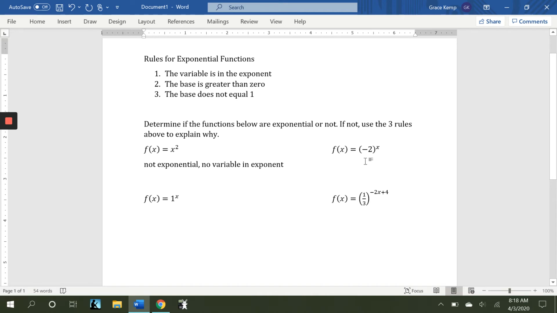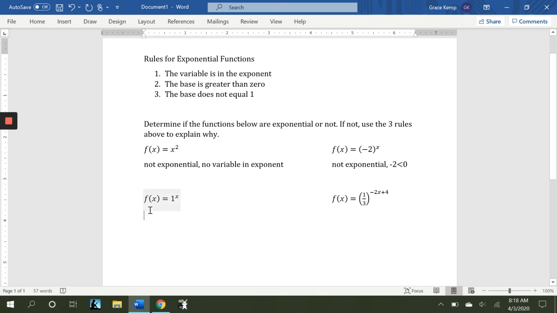We're looking for the number that has an exponent attached to it so we can figure out the base. Negative 2 is the number that has the exponent on it, so negative 2 is the base. And negative 2 is not greater than 0. Negative 2 would be less than 0. So since it doesn't meet rule number 2, this is not exponential, and the reason would be that negative 2 is less than 0.